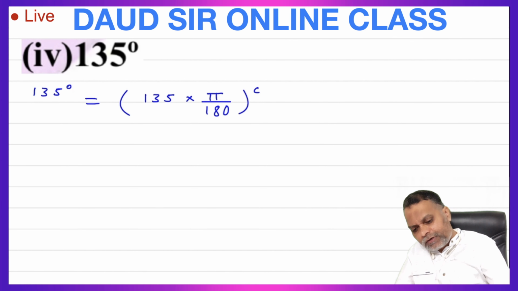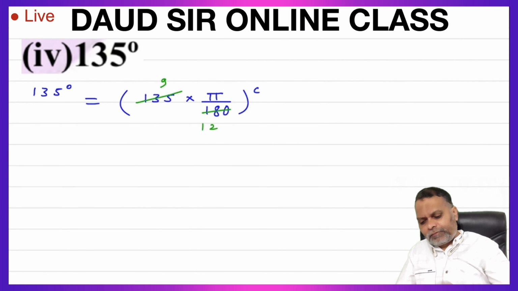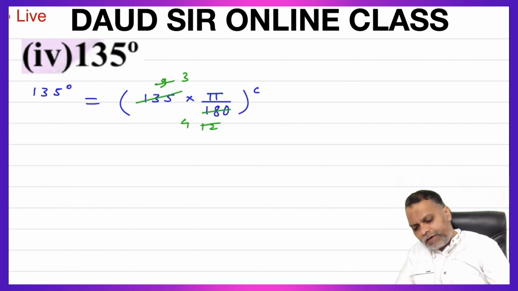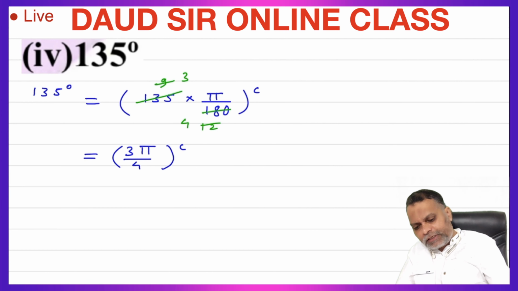Simplify this. 15 9s are 135, 15 1s are 15, carry over 3, 15 2s are 30. Again by 3, 3 3s are 9, 3 4s are 12. So which is equal to 3 pi by 4 radian. This is the required radian.